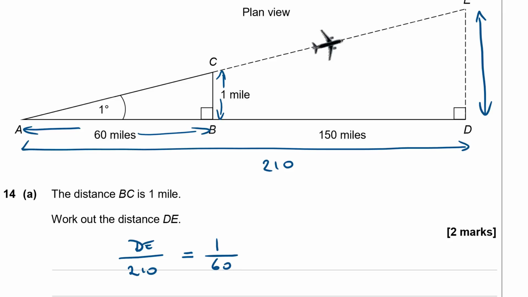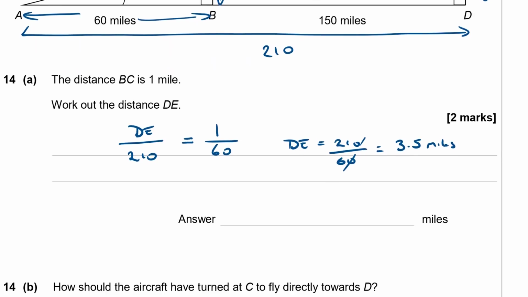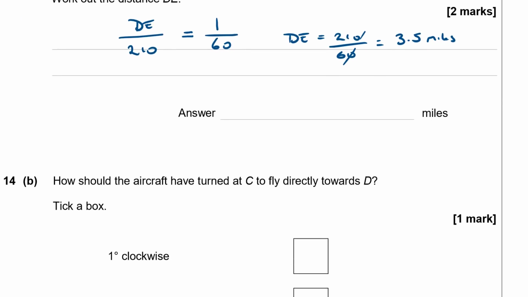In other words, DE is going to be 210 over 60, which is 21 over 6, or 3.5 miles. So 3.5 miles.